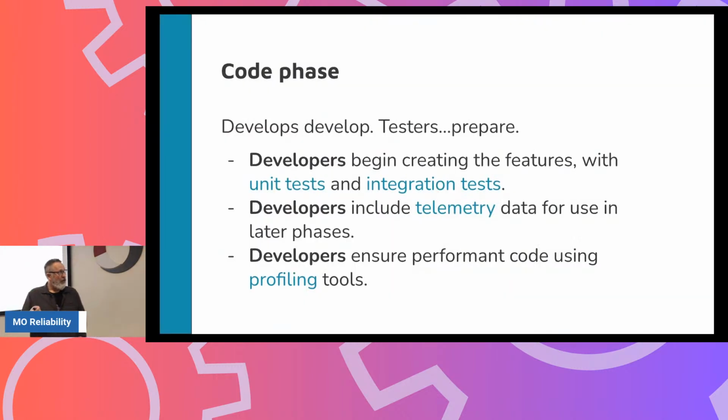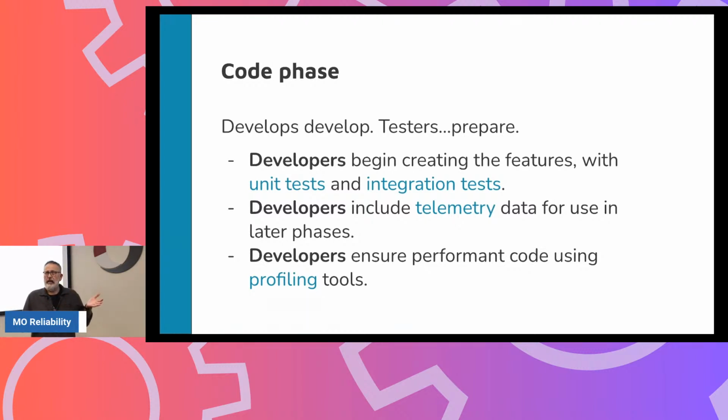So the coding phase. Here's where the developers are really doing their thing. They're creating the features, they're bringing in unit tests, they're using tools like Testcontainers to do integration testing, shifting left again. They make sure they include telemetry, because once this application or feature goes past them, the people operating the software need to have visibility.